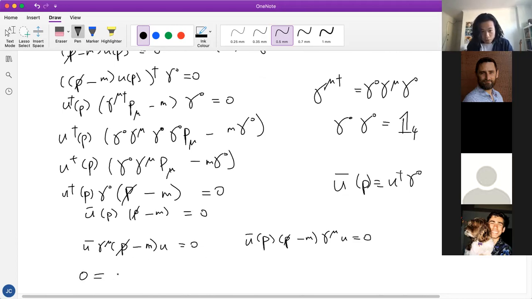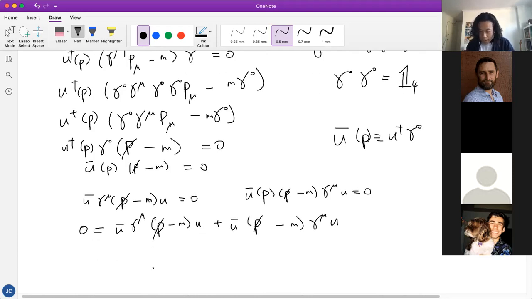So 0 is equal to U bar gamma mu, P slash minus M, U, plus U bar, P slash minus M, gamma mu U. So I just added the two equations together, and since there's 0 on the other side, that's perfectly fine. Okay, and now we're going to write these out explicitly.